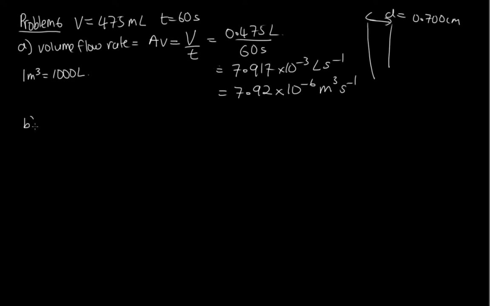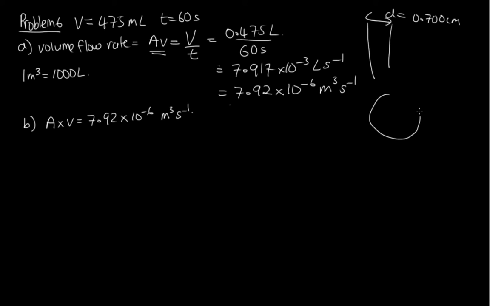Now part B of the question says, what is the velocity of water leaving the tap? So in this case, we're going to need to make use of this part of our volume flow equation. So we know that the cross-sectional area times the velocity is equal to 7.92 times 10 to the minus 6 meters cubed per second, and we'll need to work out what the cross-sectional area is.